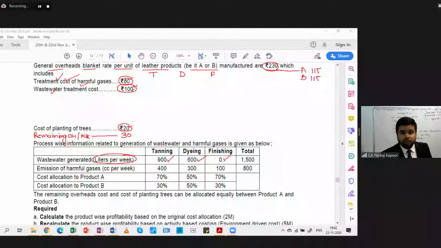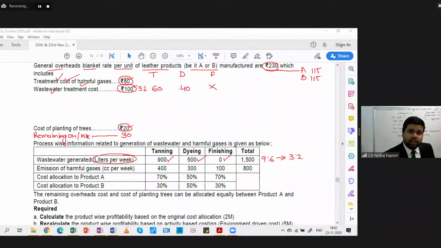Hence, this 100 rupee should be charged only to tanning and dyeing, and should not be charged to finishing. Even between tanning and dyeing, it must be charged in the ratio of 9:6, or this ratio can be further refined to 3:2. So we need to charge it in the ratio of 3:2. So 60 rupee to tanning and 40 rupee to dyeing.